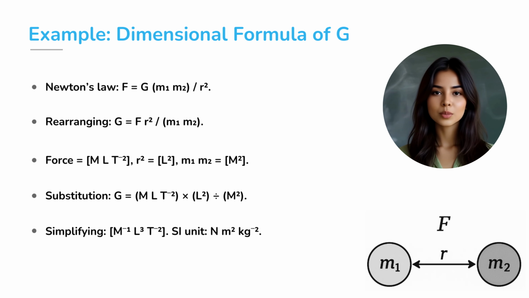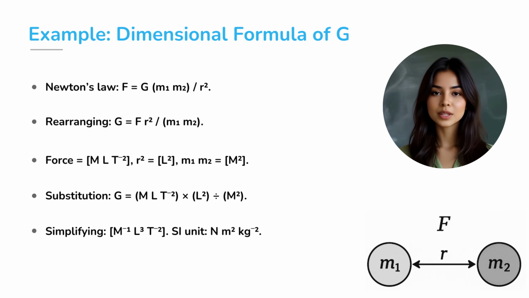The dimensional formula of the universal gravitational constant, G. From Newton's law of gravitation, force F equals G multiplied by m1 multiplied by m2 divided by r squared. Rearranging gives G equals F multiplied by r squared divided by m1 multiplied by m2. Now substitute the dimensions.